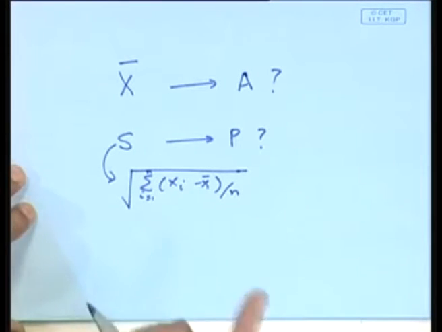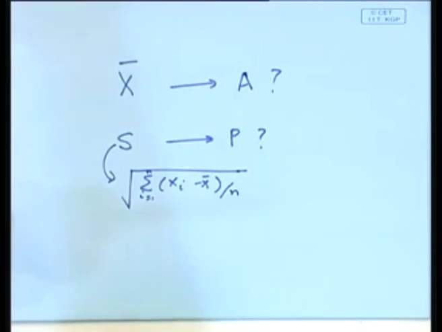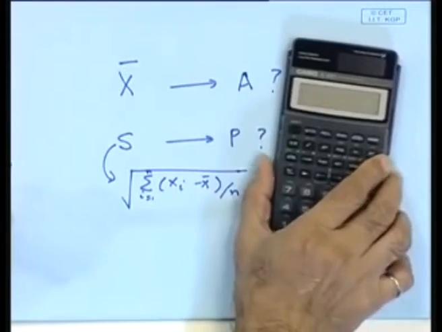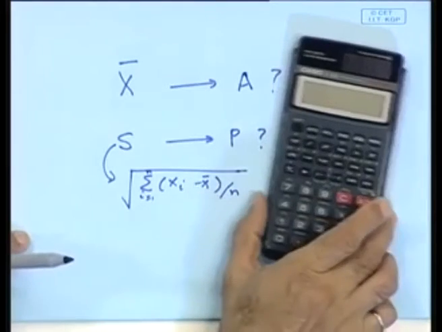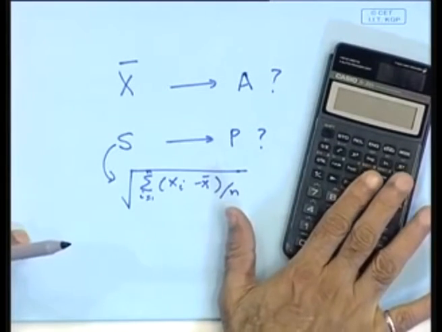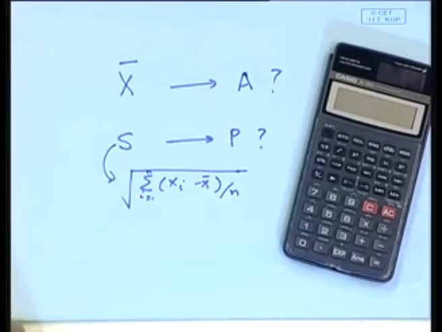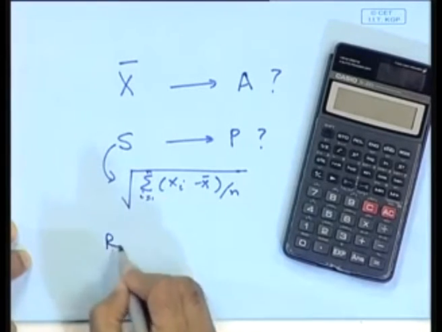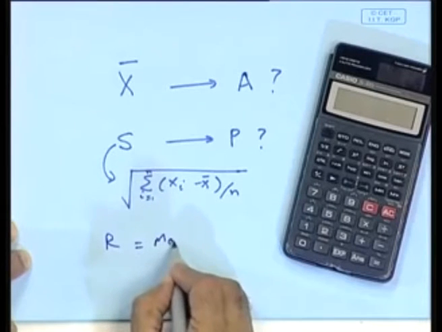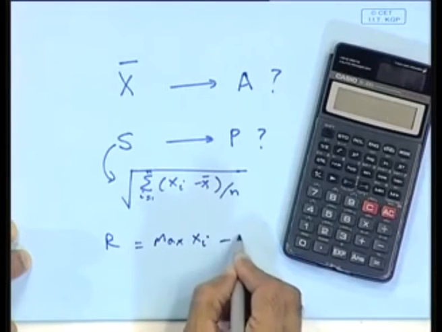If you are doing this in production, even if you had a calculator with you, it would not be easy to execute this. So what have we done? We've said we will probably use the calculator to find my X bar quantity only. But we use, in place of S, we use range. And range is just max xi minus min xi.